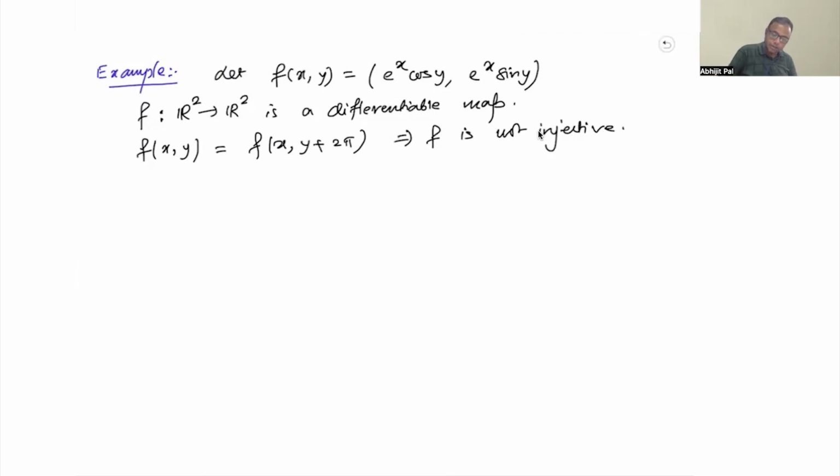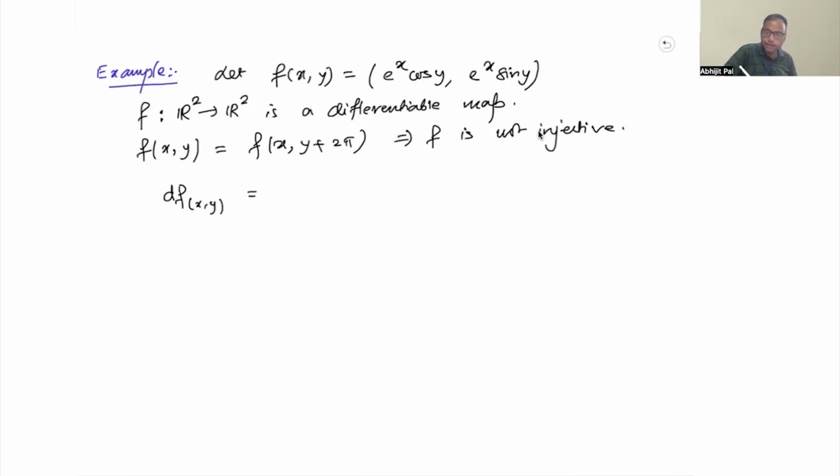All right, now we want to apply the inverse function theorem. Locally it will be an injective map, and it will be a local diffeomorphism, that we want to show. In order to do that, you take the differential of this map f at the point (x,y).